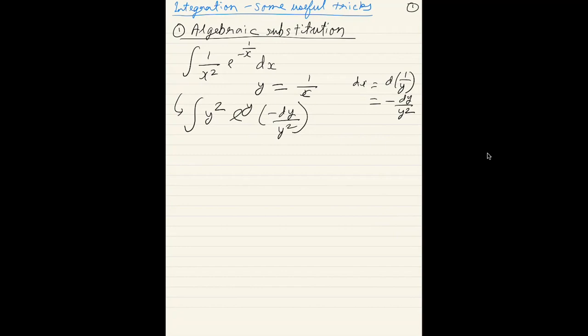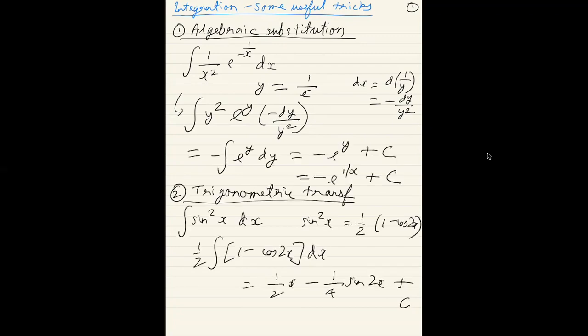If you use this identity, then this integral becomes half times the integral of 1 minus cos 2x dx, and we saw the integral of a constant and the integral of cos ax. So this thing is simply half of x minus 1 by 4 sine 2x plus c. So by using a suitable trigonometric identity, we were able to make this integral easy.